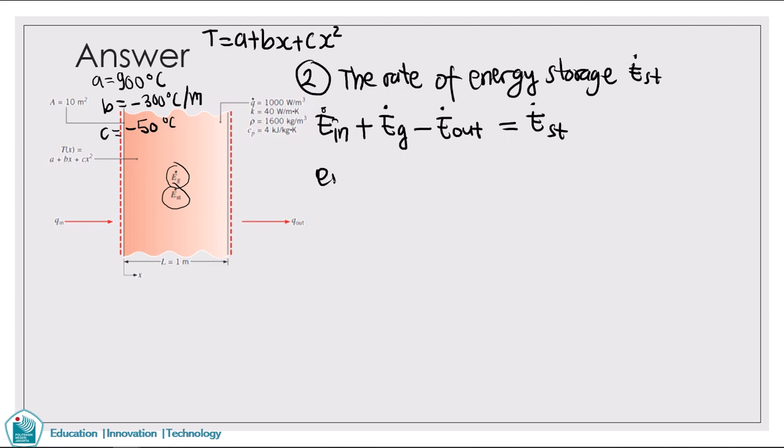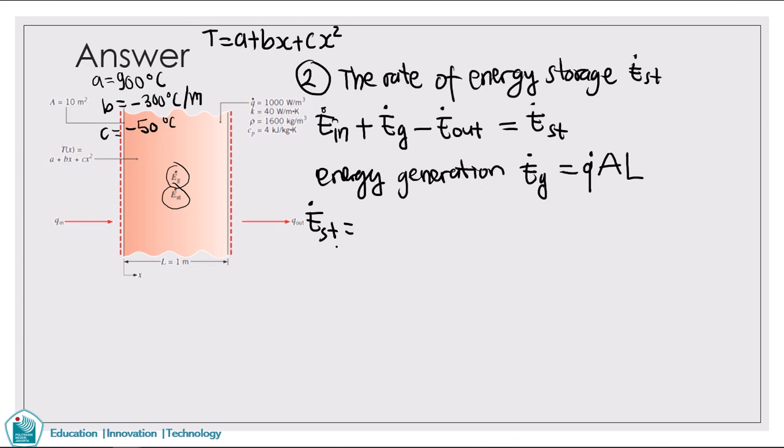and the energy generation, or E dot G, can be written as the q dot multiplied by the volume, or A L. Finally, we can have E dot st equal to energy in plus the energy generated minus the energy out, where the energy in equals the Q in.